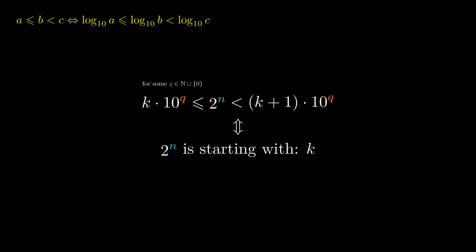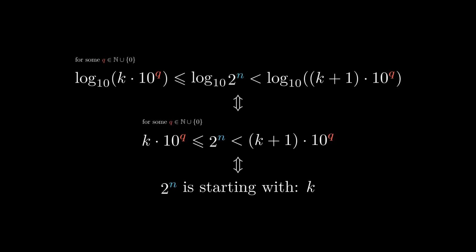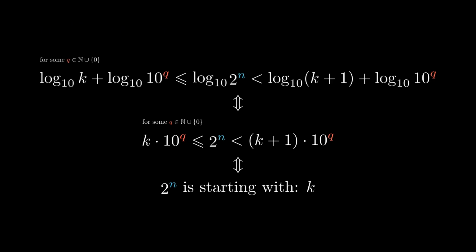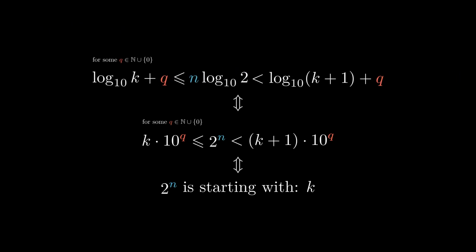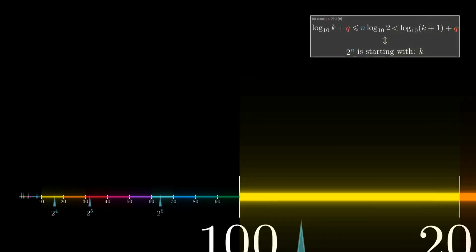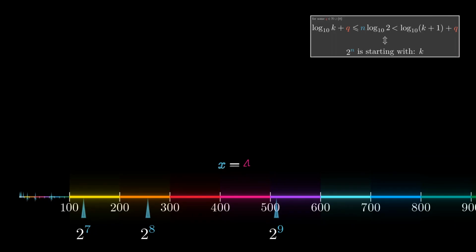Now, the adventure begins. By taking the logarithm of this expression, we obtain a periodic structure. At the bottom is a number line colored according to the leading digits of the numbers.